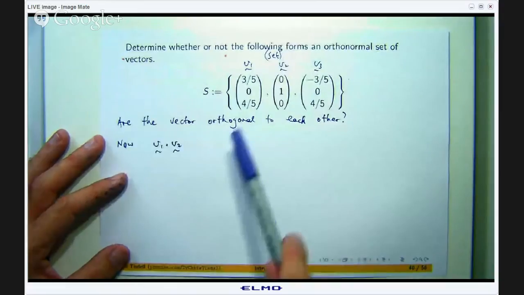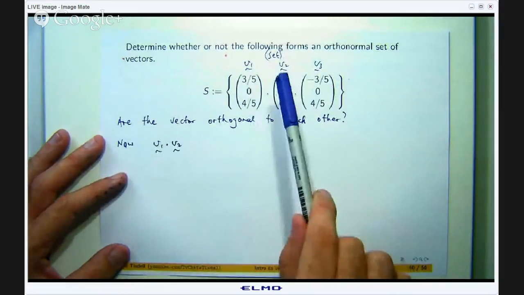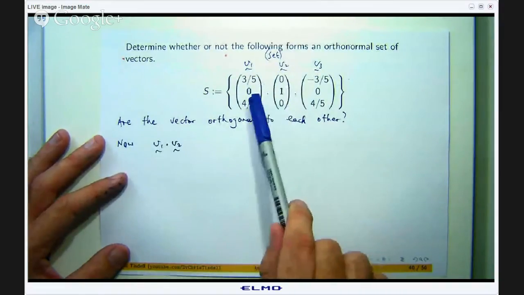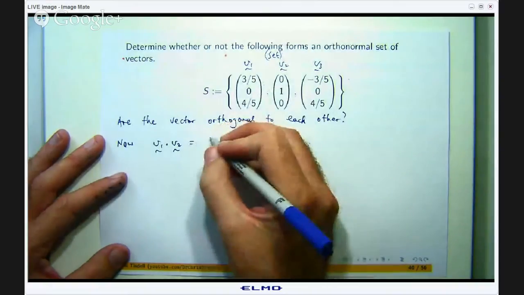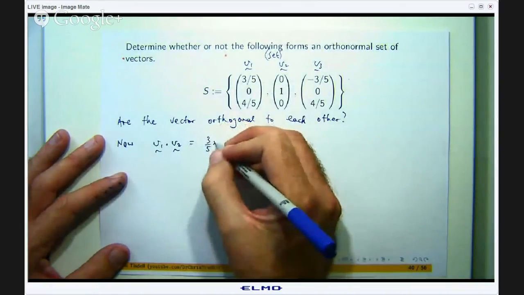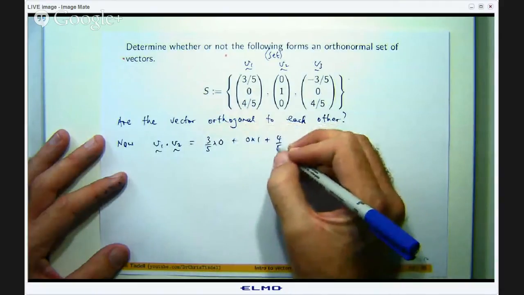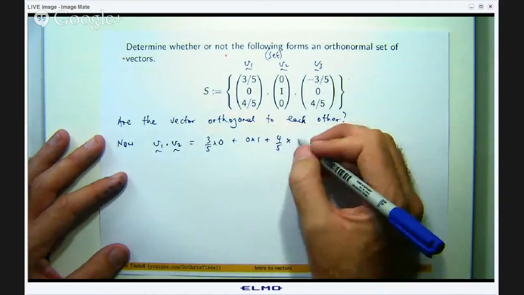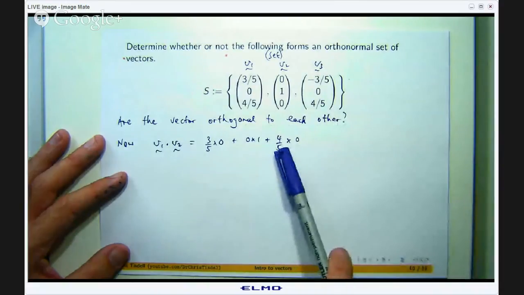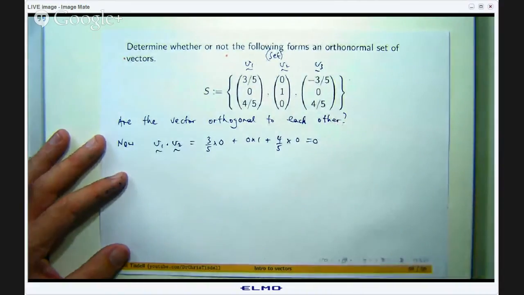V1 dotted with V2. Okay, so it's 3/5 times 0 plus 0 times 1 plus 4/5 times 0. So that just gives 3 lots of 0, which is 0.